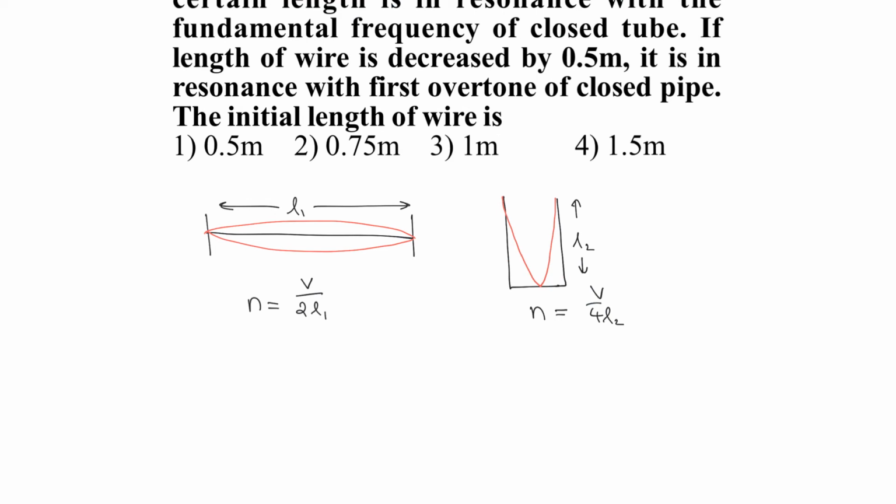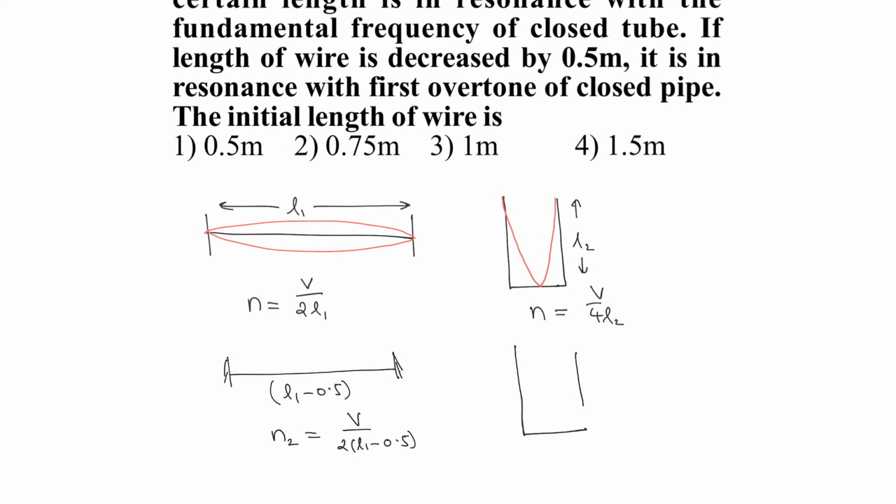In the second portion, it is given that the length is decreased by 0.5, so the length of the string is L1 minus 0.5. Then it oscillates with frequency N2, which is equal to V divided by 2 into (L1 minus 0.5), and it is in resonance with the first overtone of the closed pipe.